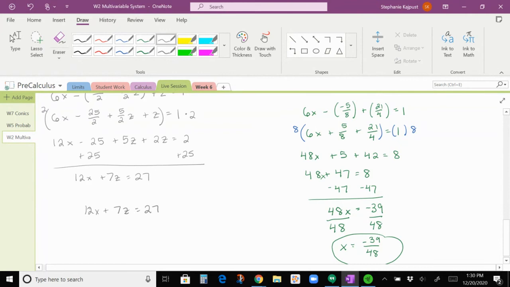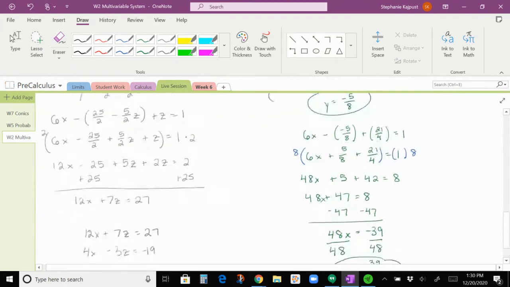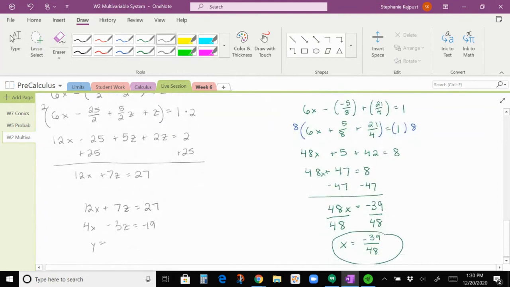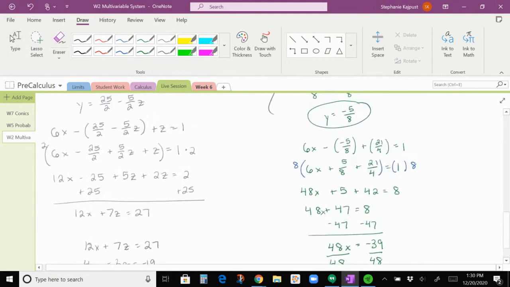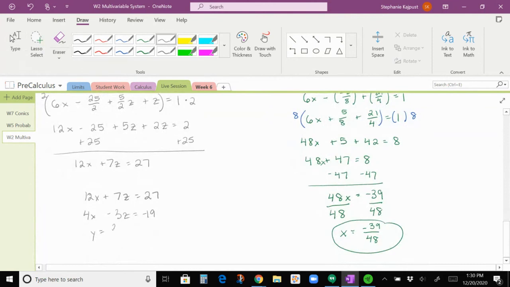The second equation I didn't touch, so that's 4x minus 3z equals negative 19. And then that third equation I had solved for y. In system notation, we don't have to have everything on the same side when we write it. So you could just write it like this to help you keep track of what you're doing.